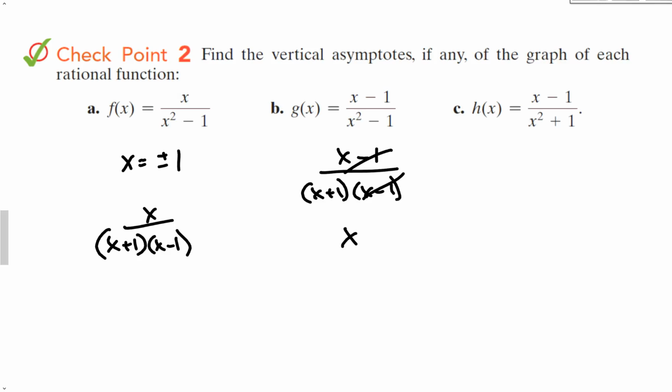Those cancel. My only vertical discontinuity is -1, or my only vertical asymptote is -1. Positive 1, the one that canceled out, x equals positive 1, is a hole in the function, a removable discontinuity. And this one has no vertical asymptotes.